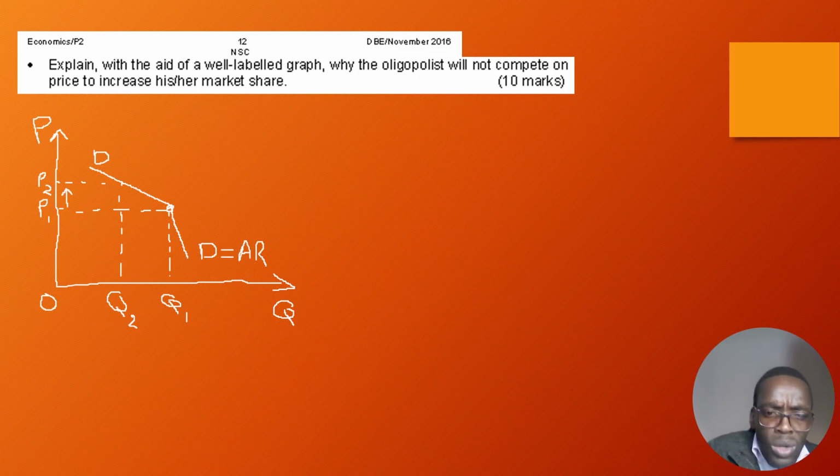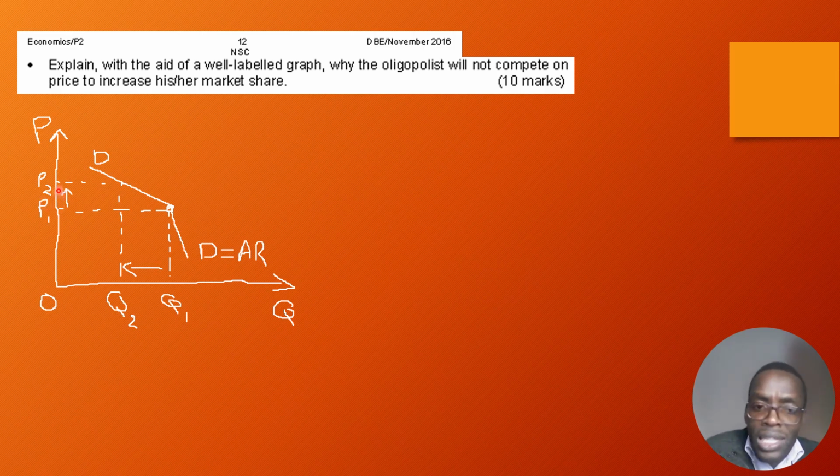Because the price has increased, the quantity that is going to be demanded is going to go down. Now why did that quantity go down? It went down because when this firm increased its prices, the other firms that operate in that particular market did not increase the price.